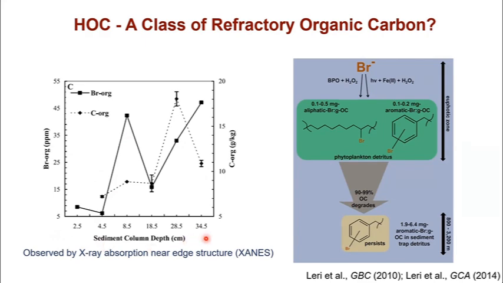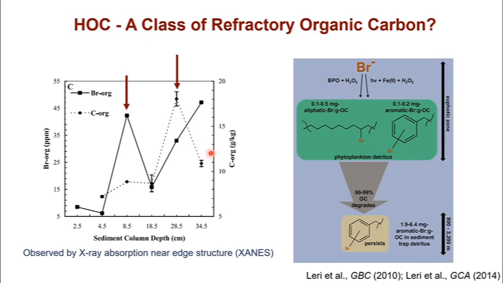This is not age dated, but suffice to say, you can see that we have a decoupling between the organic carbon and organic bromine. We also have evidence that we found this in marine sediment, hypothetically exported from the surface ocean. The decoupling is rather interesting, and we also have another elevation of bromine in organic compounds.